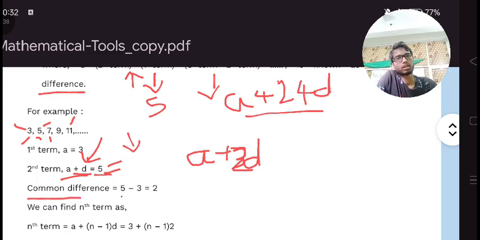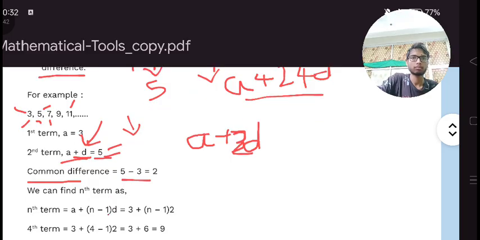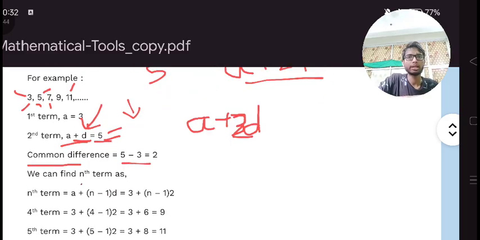Common difference is this much. We can find the nth term, which means the position of a number, the place of a number. So nth term is equal to A plus n minus 1 into D. 3 plus n minus 1 into 2.